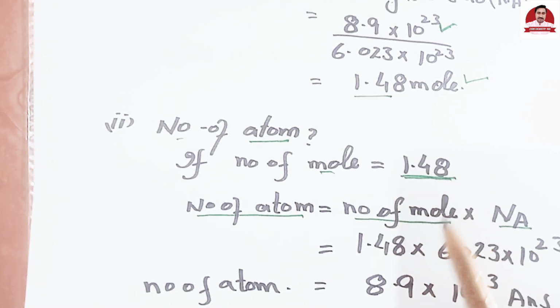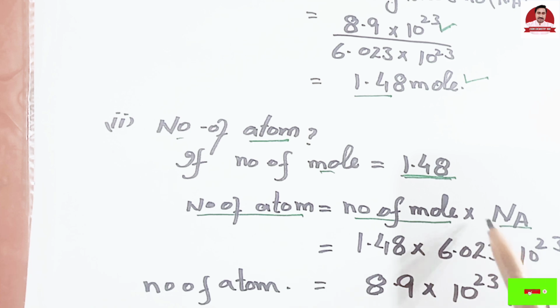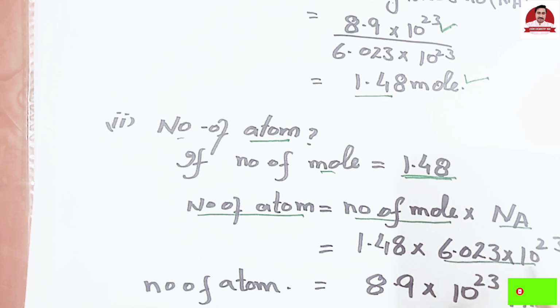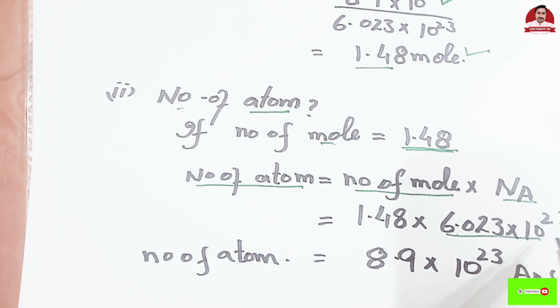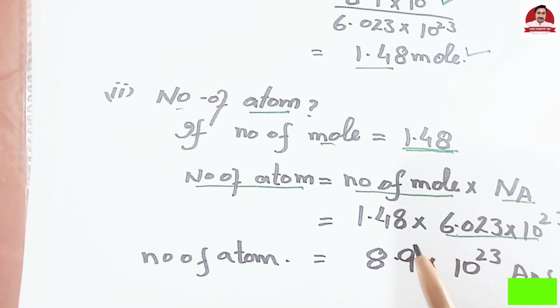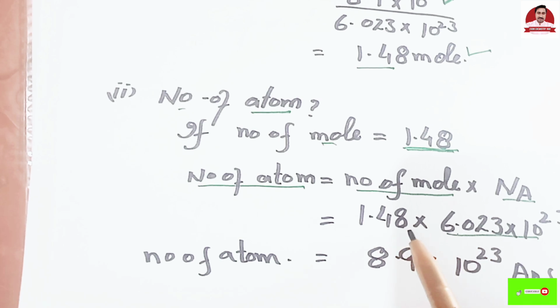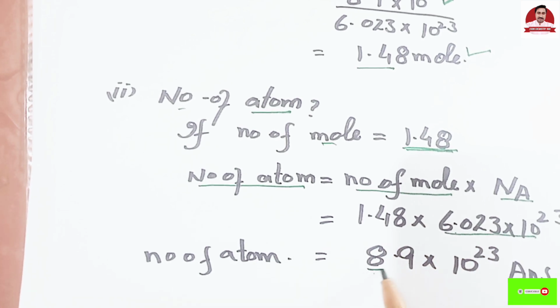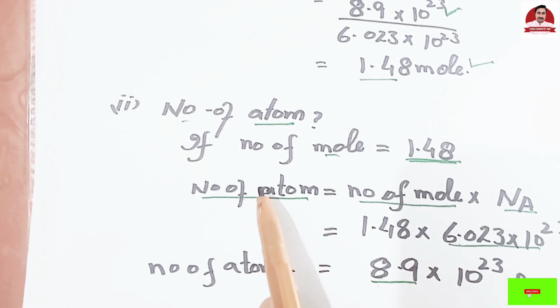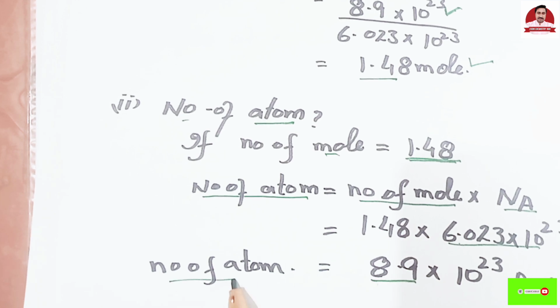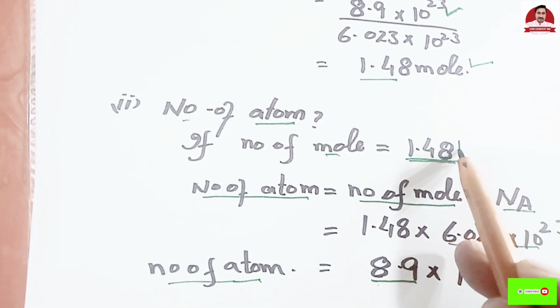If we have the number of moles 1.48, we simply multiply this by Avogadro's number, that is 6.023 multiplied by 10 raised to the power 23. And after solving these two mathematically, we get the answer 8.9 multiplied by 10 raised to the power 23 atoms. So by this formula we can calculate the number of atoms from the number of moles.